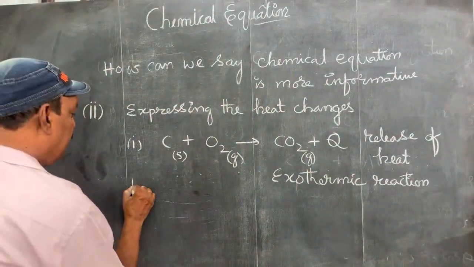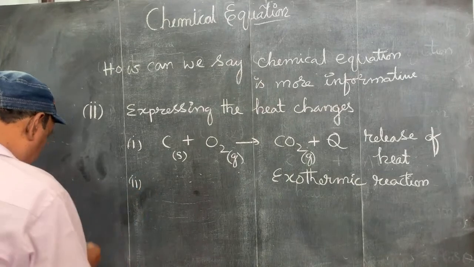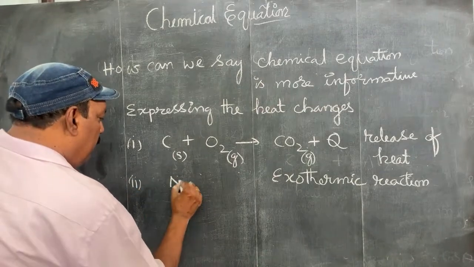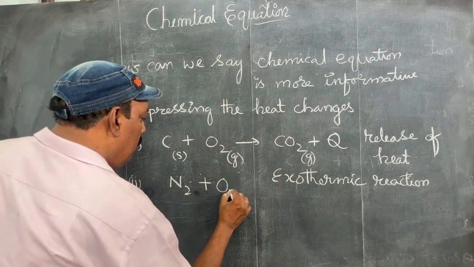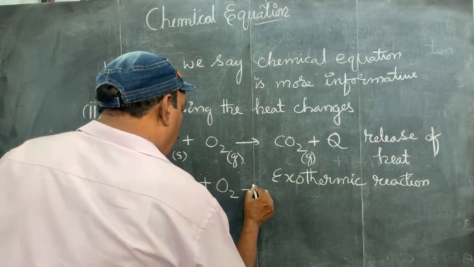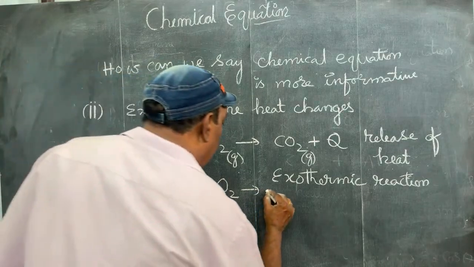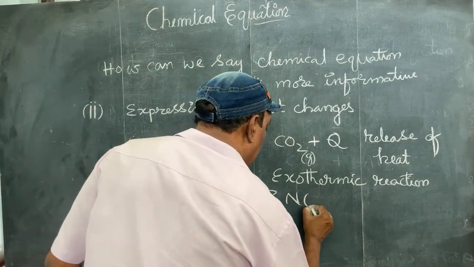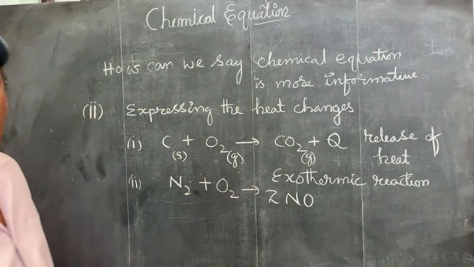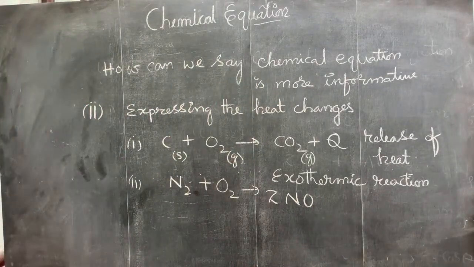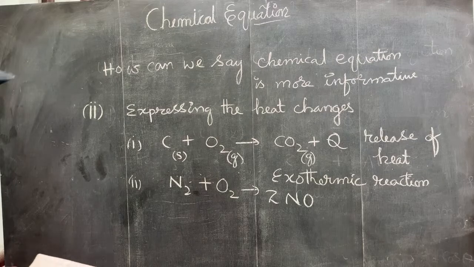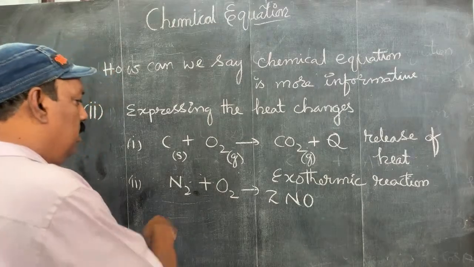Now, next I am going to give you one more equation: N2 plus O2 gives 2NO.